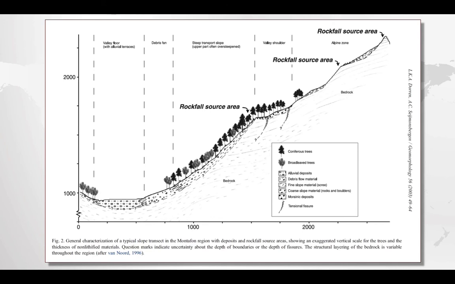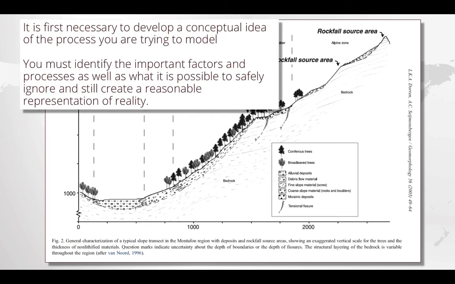Trees are important because they slow it down, and types of trees matter. So there's all sorts of variables you can consider. With these process-based models, you try to develop a conceptual idea of the process you're trying to model. In this case, this illustration gives you an idea of some of the important factors and processes.